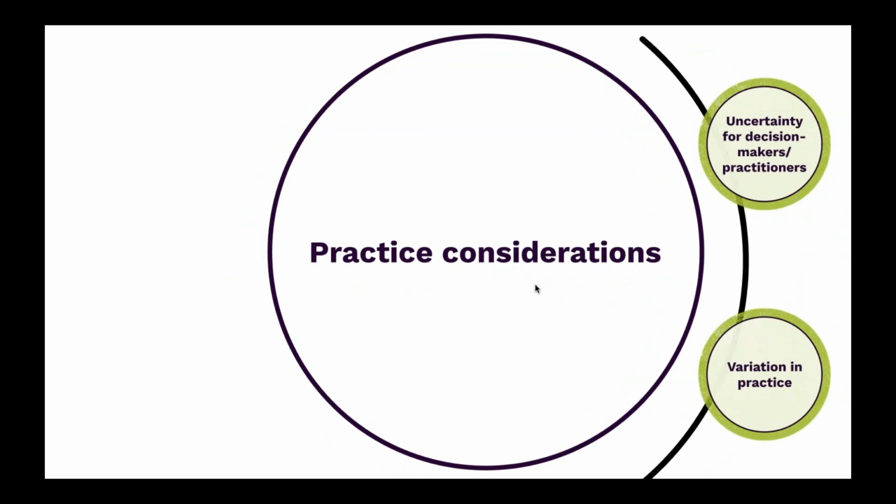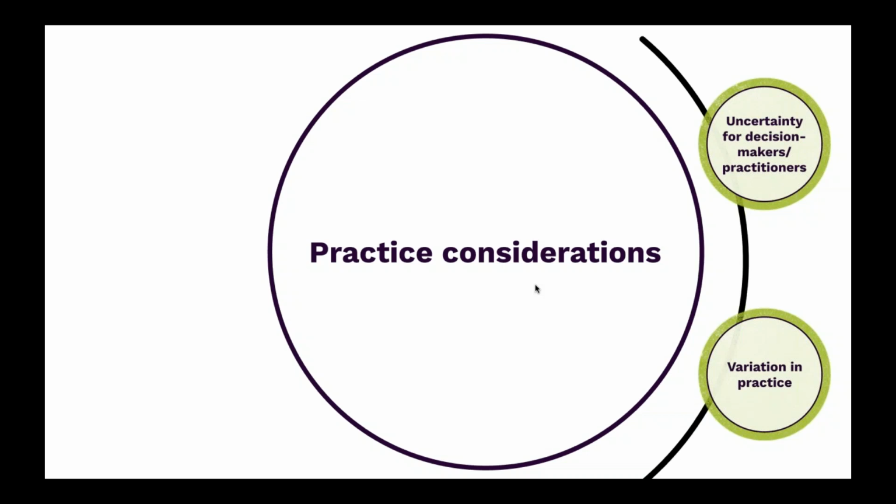Then there's the practice. So putting aside the problem, the practice of, let's say, physicians. When there's uncertainty for decision makers or practitioners, so there's evidence out there, but they're still unsure what to do. Do we recommend this medication or not? This is a good case where it would be helpful to systematically review the evidence.